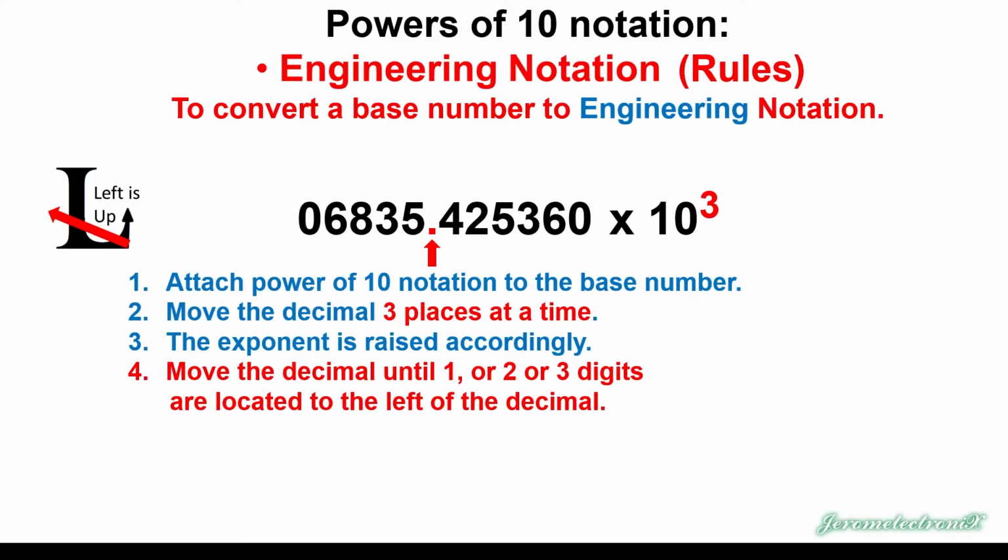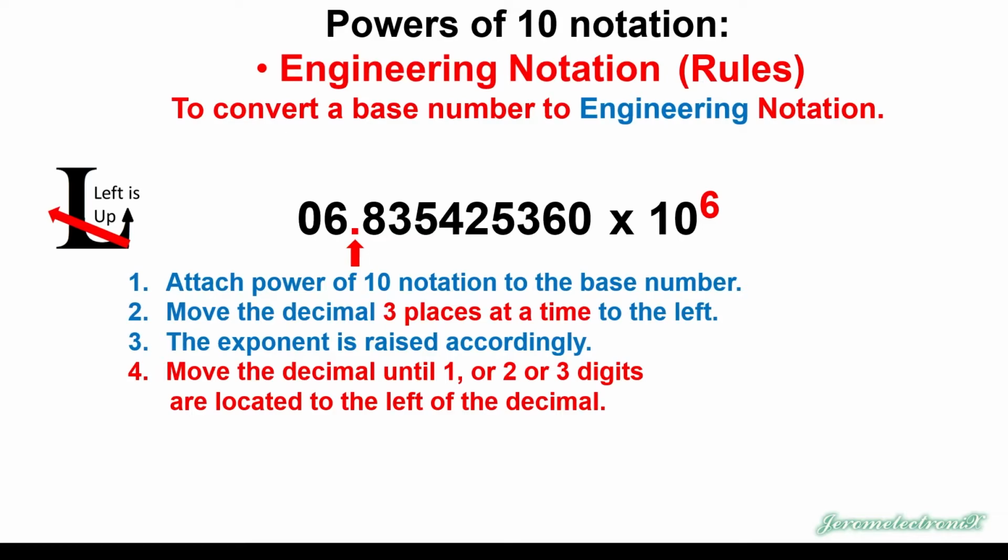We will move the decimal until there are 1 or 2 or 3 digits located to the left of the decimal. So we can move it here because that is 1 digit to the left of the decimal that is a non-zero digit. Remember, there can't be a zero immediately to the left of the decimal.